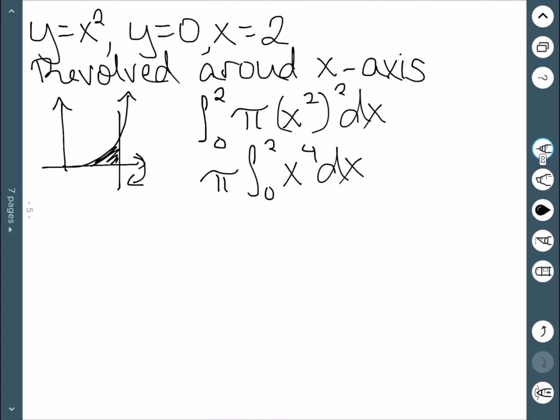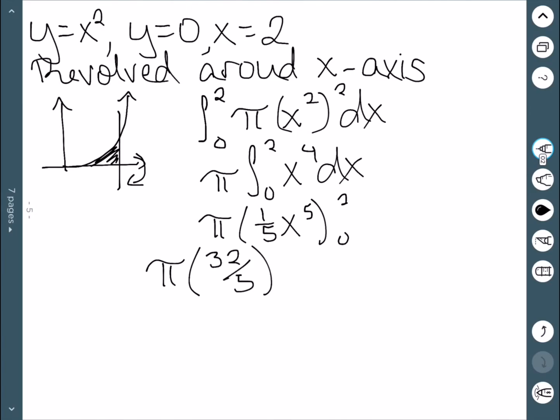We'll rewrite that: 1/5 x to the 5th from 0 to 2. Evaluating, we have 1/5 times 2 to the 5th, which is 32 over 5 minus 0. So my answer, 32 pi over 5.